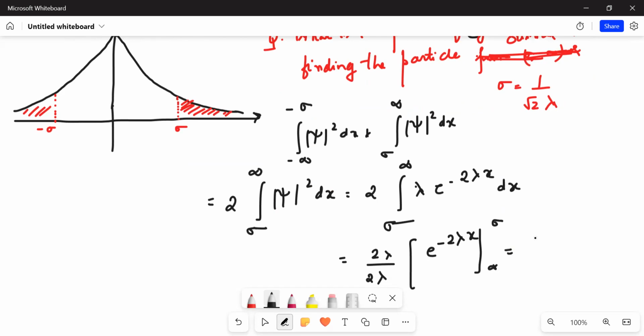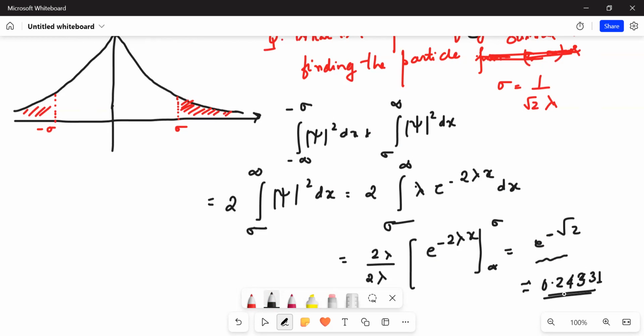I have taken a negative common, so this 2 gets cancelled. And from here, I know this sigma is 1 upon root 2 lambda, so the answer will be 1 upon e to the power of minus root 2, because lambda gets cancelled with this. And I think it is almost equivalent to, if I calculate, around 0.24331.